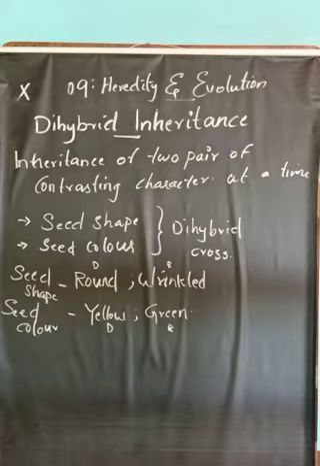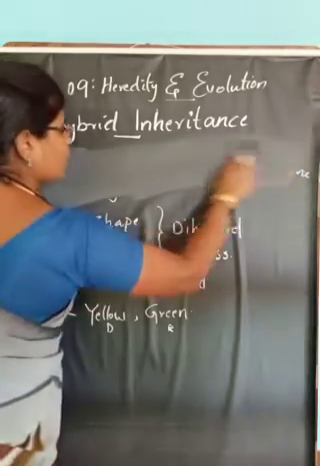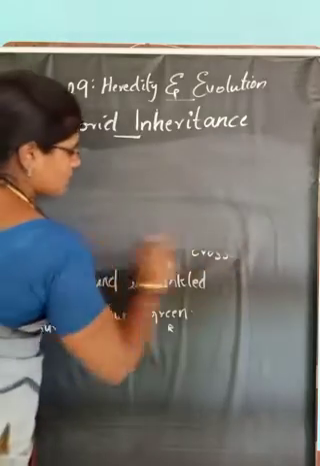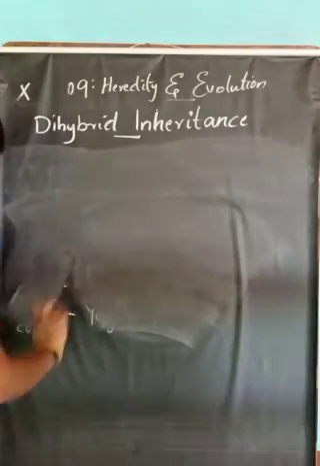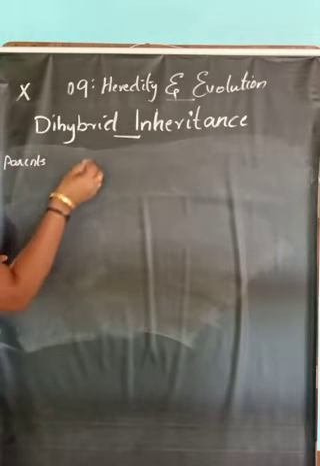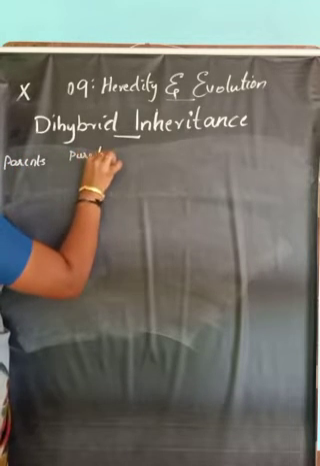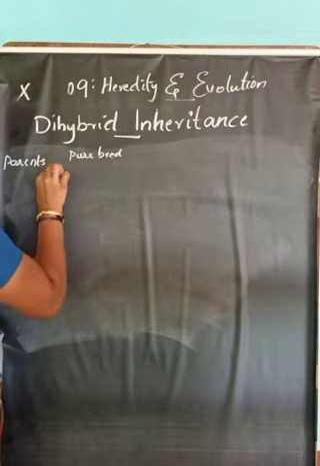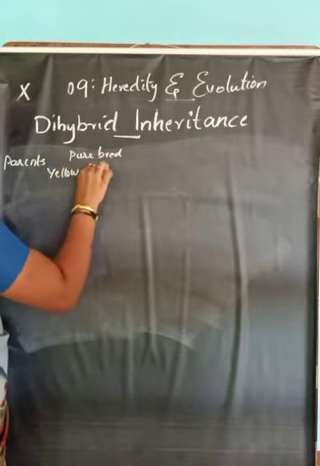Then what Mendel did was, he crossed pure bred round yellow seeds with pure bred wrinkled green. Like in monohybrid inheritance, Mendel crossed the pure bred tall with pure bred dwarf. Here, Mendel crossed parents of pure bred round yellow.